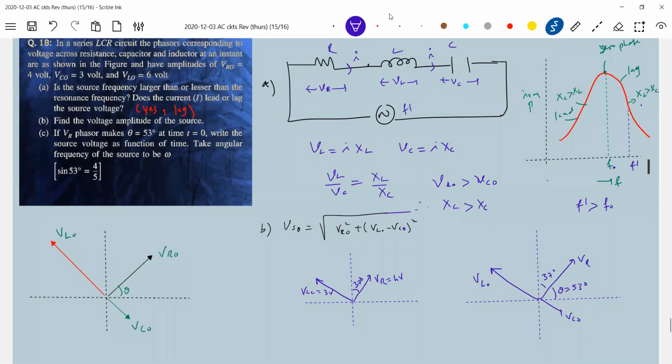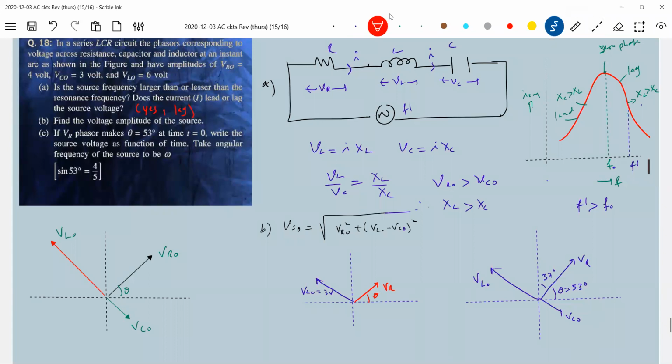Anything we can say about the direction of the source voltage? I should take the vector sum. So I'll shift this. I'll draw it properly. This is the VR. Theta, let me write theta.